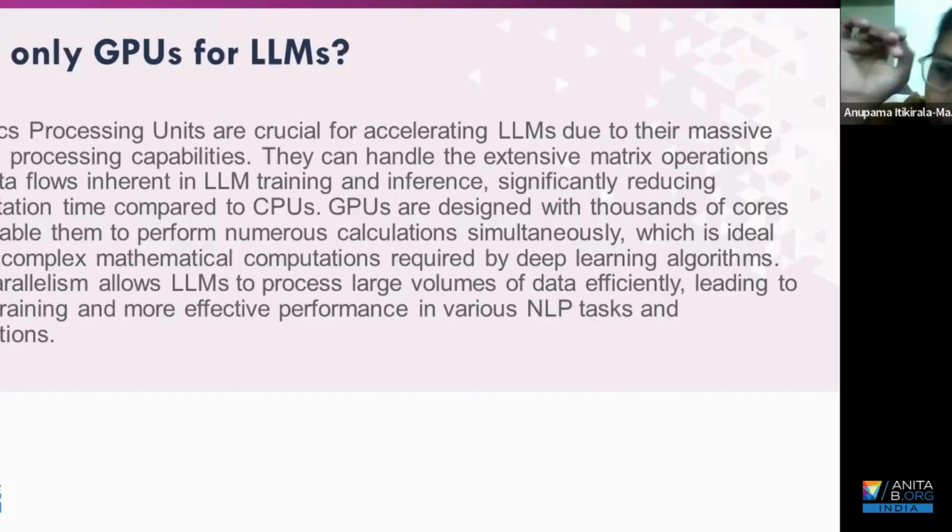So when this comes to the GPUs, these are graphical arrays because they have to see which node, which core, has what information, form a neural network, compute the weights that are associated, and get back the data. GPUs are designed with thousands of cores that enable them to perform numerous calculations simultaneously.